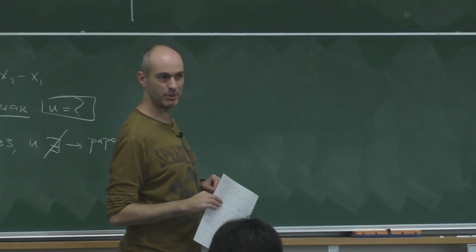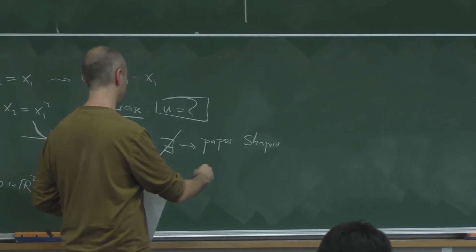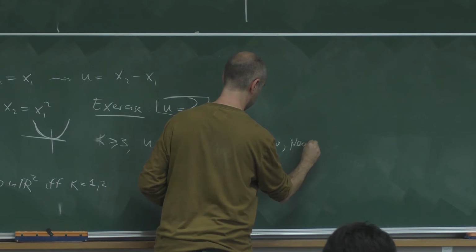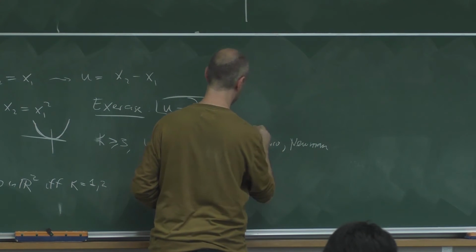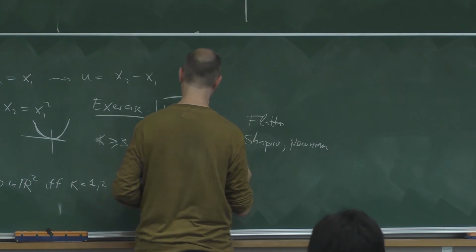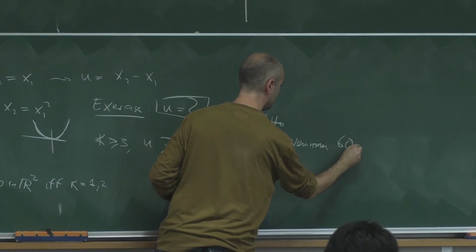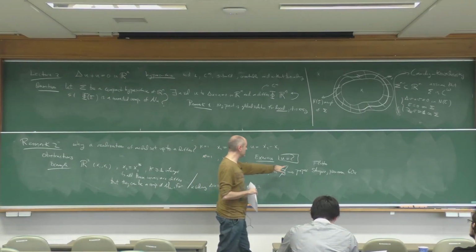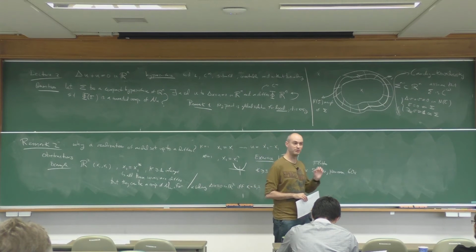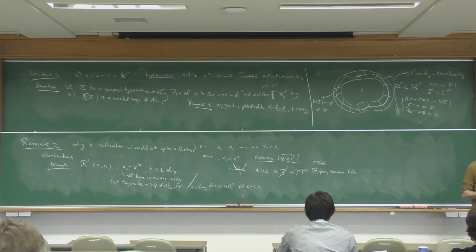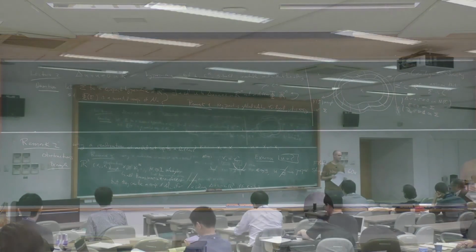There are several Shapiros, and probably it's three authors. Okay, but don't look at the paper because the example is there. So first, before looking at the paper, try to construct the function by yourself. Okay.